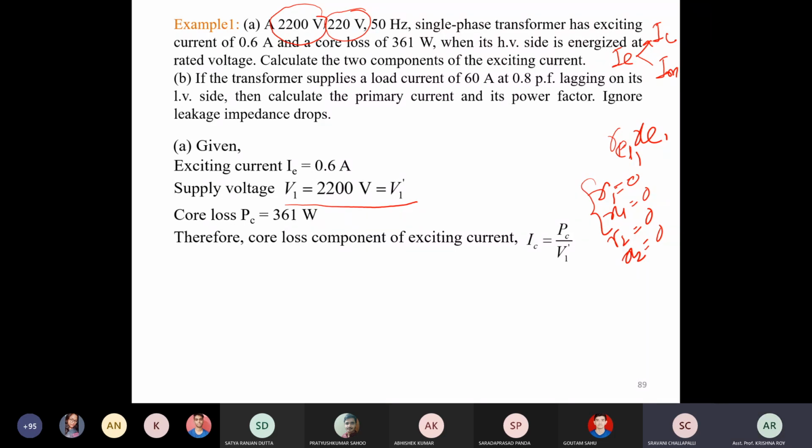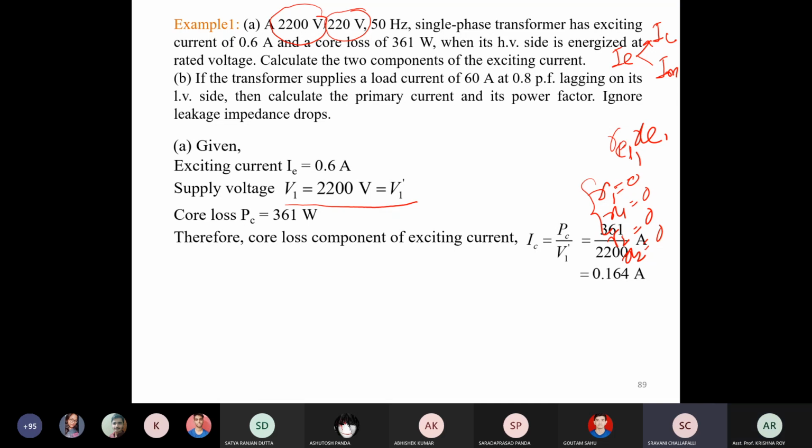So how much is IC? 0.164 ampere. So once we get this IC, we can calculate IM.